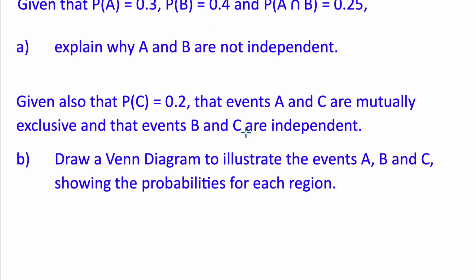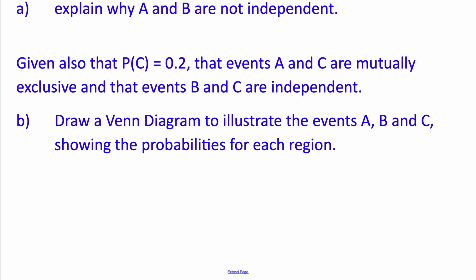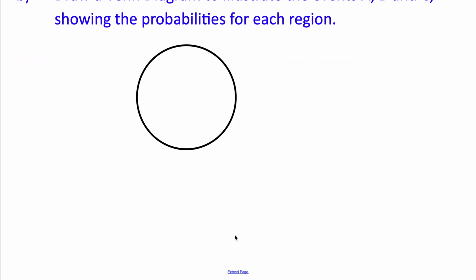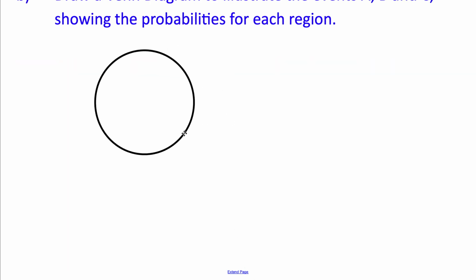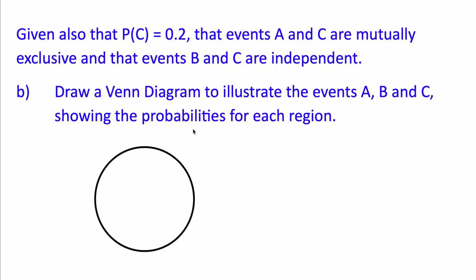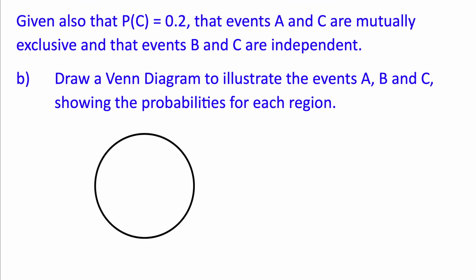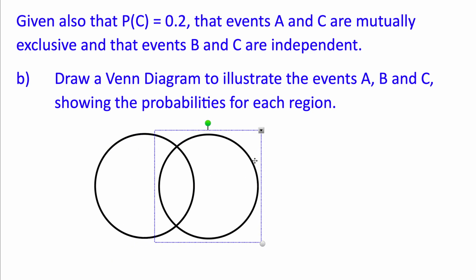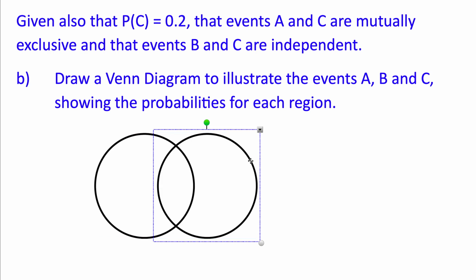So you can draw these 3 events as 3 overlapping circles, but we don't actually need to. We can draw them in a straight line because they've told us that A and C are mutually exclusive. And mutually exclusive, hopefully you remember, means that there's no intersect. If we're talking Venn diagrams, it means there's no intersect.